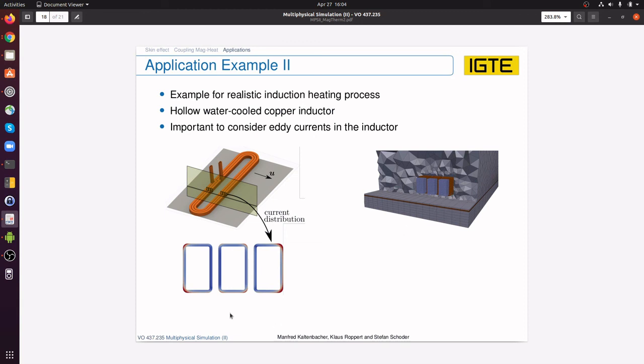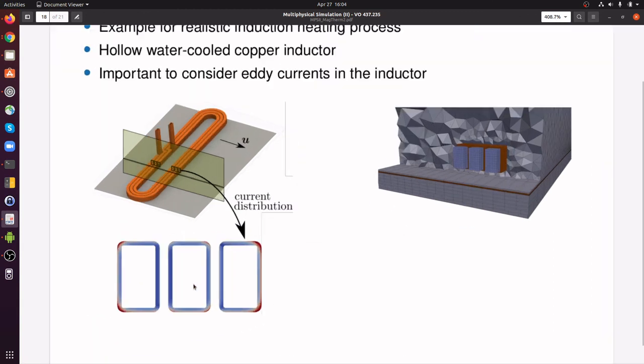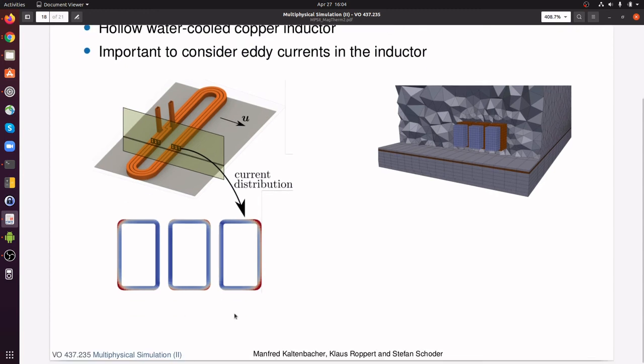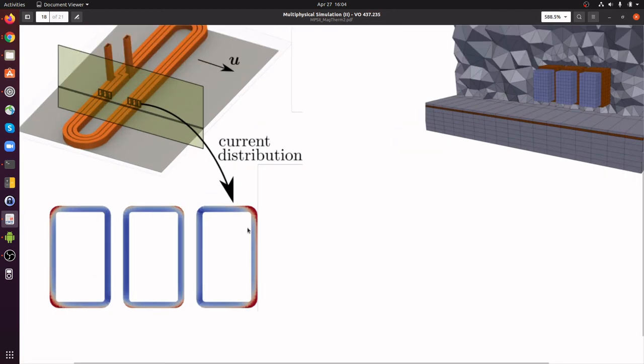It's not very visible here in this current density field plot, which is just depicting a cross section, but maybe you can see some slightly higher current densities at the bottom part of the inductor cross section, because here is the sheet, so the sheet is beneath these three cross sections.